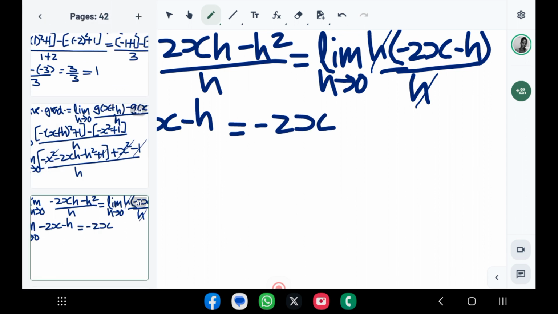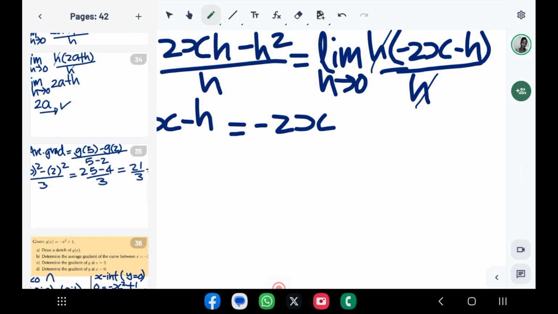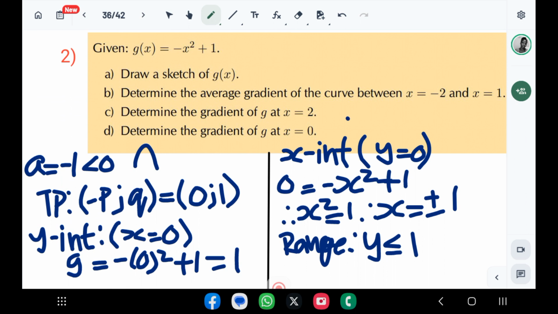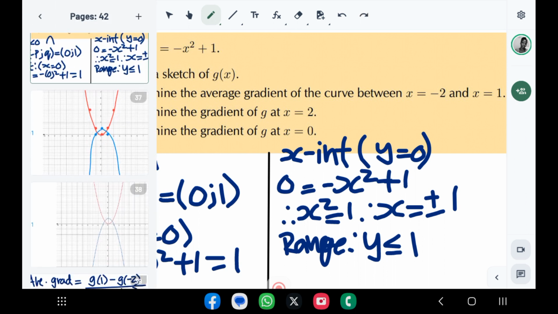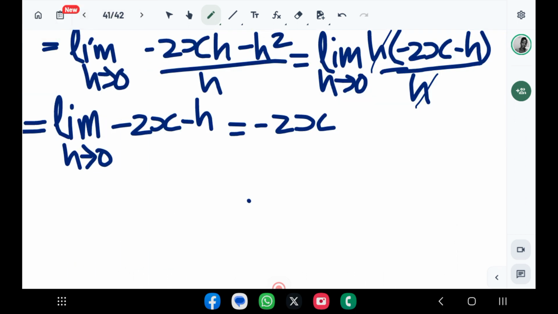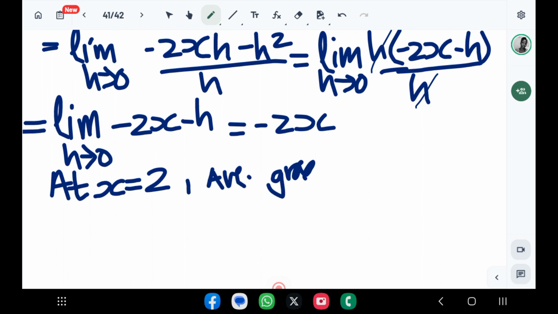Now at x equals 2, that was number C, the gradient equals negative 2 times 2, which is equal to negative 4.